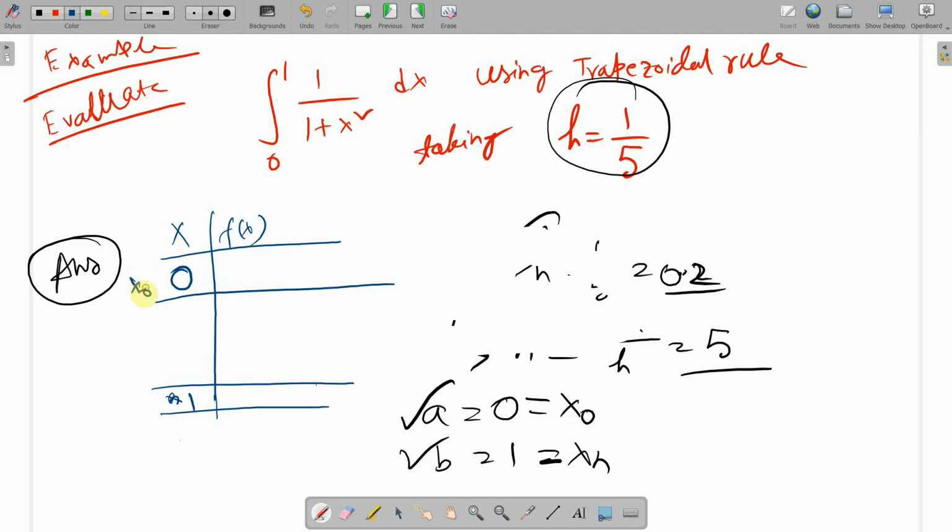So this x0 value equals a, and this xn value equals b. In between will be x1, x2. Here xn is actually x5.